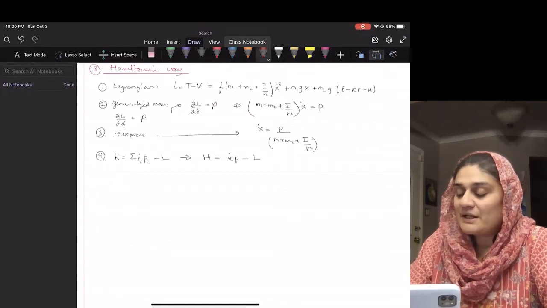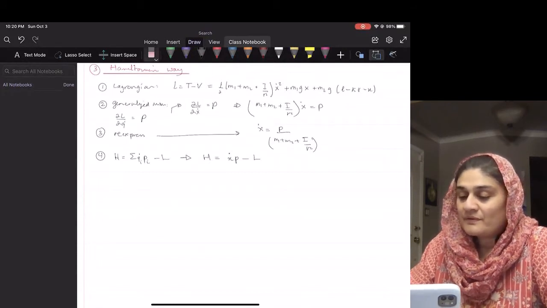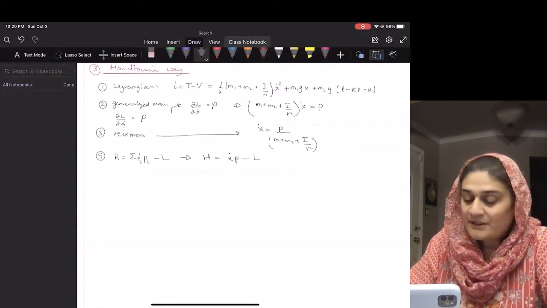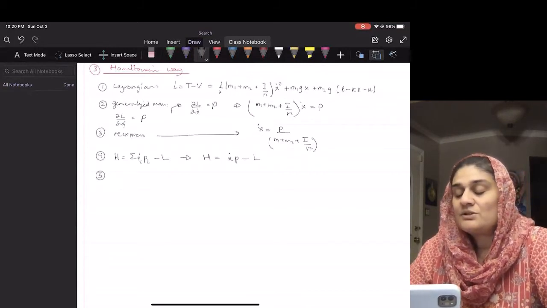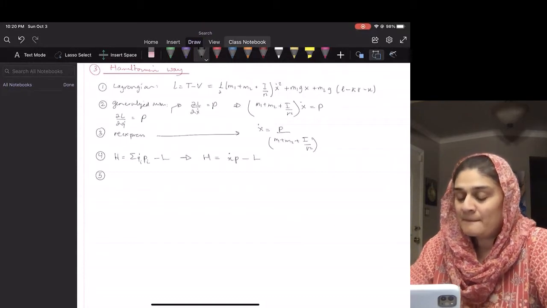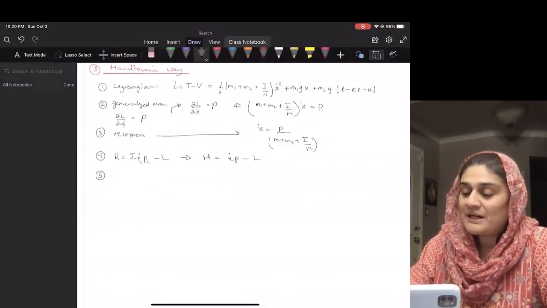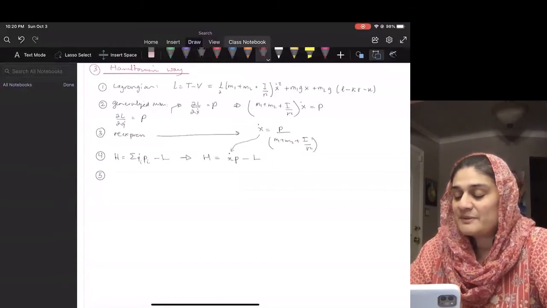So I need to now replace every single spot with. Step number 5, I have to rewrite the Hamiltonian in terms of just momenta and position. So that means I have to replace everywhere I see X dot with this expression.